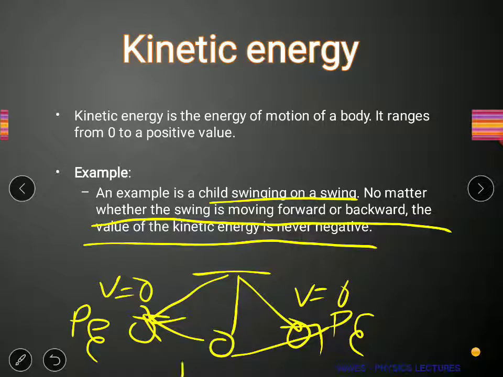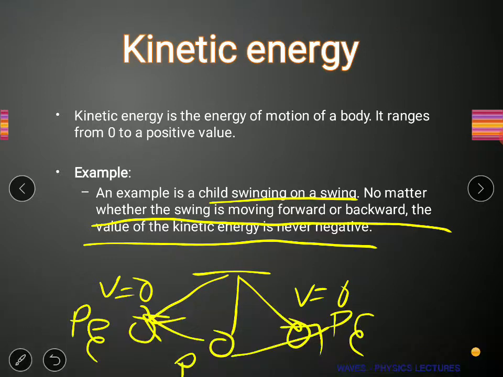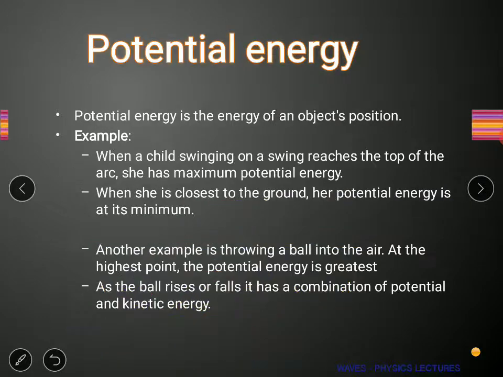Here potential energy is minimum, but V is not equal to 0, so there is kinetic energy involved. It's a constant conversion of potential energy to kinetic energy and so on. Somewhere in the middle, it's a combination of both potential and kinetic energy. That's why potential energy also plays an important role, and potential energy depends on the energy of the object's position.